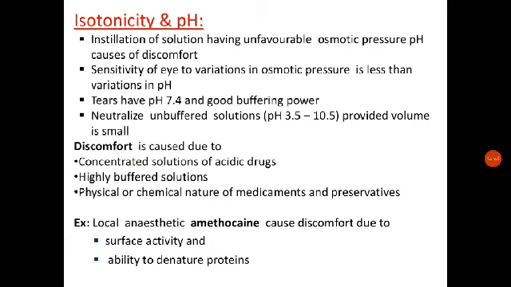It should have the same pH or the same buffering power as that of lacrimal fluid. Increased pH will cause discomfort in the eye.